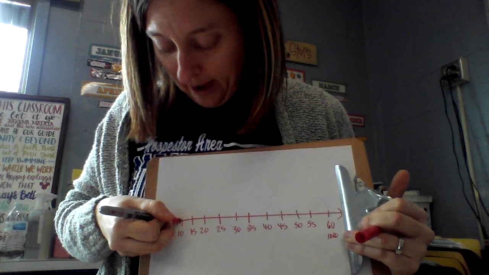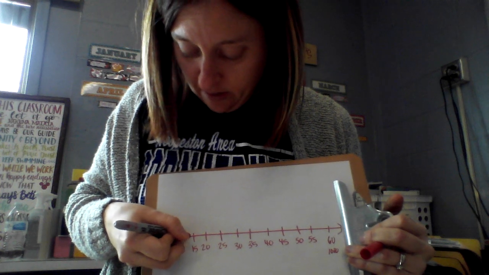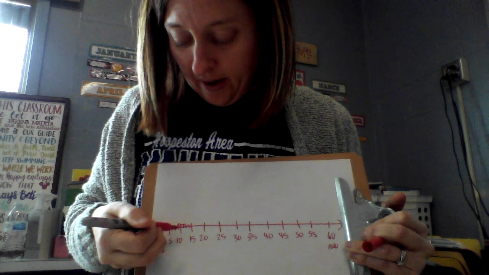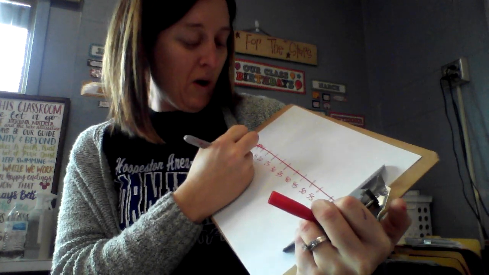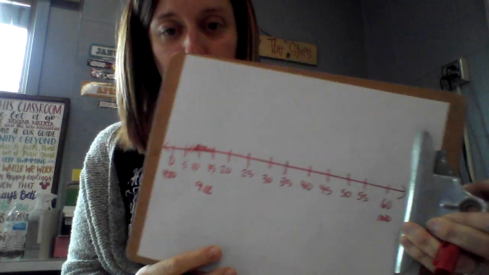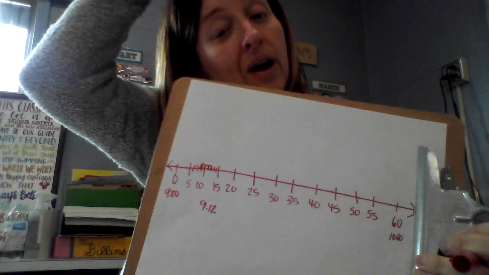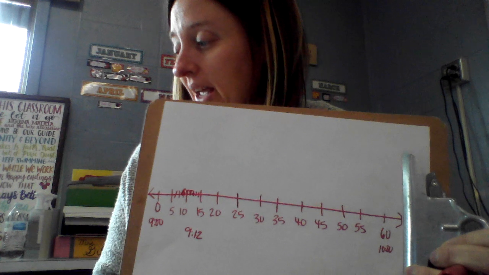So there's 1, 2. Oop, I can't go a whole 5, so I'm going to need some ones. 3, 4. So if I look, that would be 9, 10, 11, 12. So at 9:12, Carlos will be all done writing down his homework assignments.